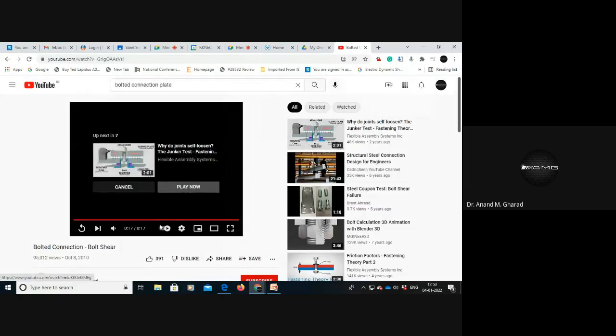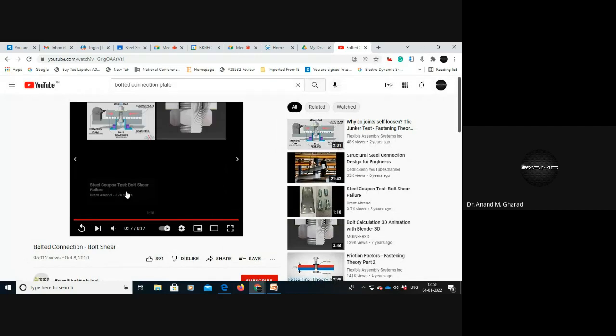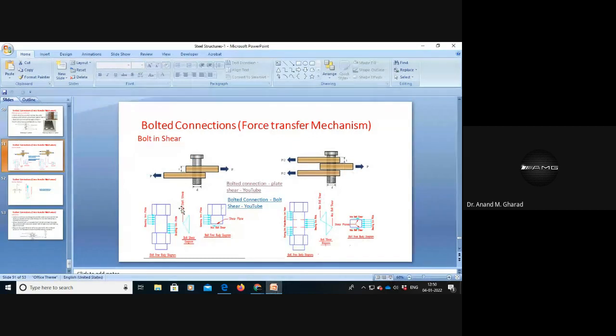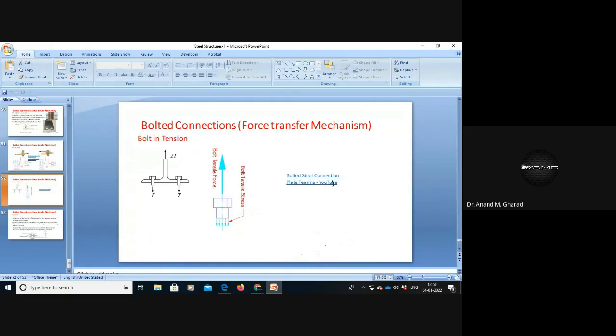So the reason for the shear failure of this bolt was that the grade of the plate was more compared to the grade of this bolt, and because of which the bolt got failed in shear, and it got divided into two parts, as you can see over here in this video. Right. So this is how the failure associated to bolt as well as plate with respect to shear can be obtained.